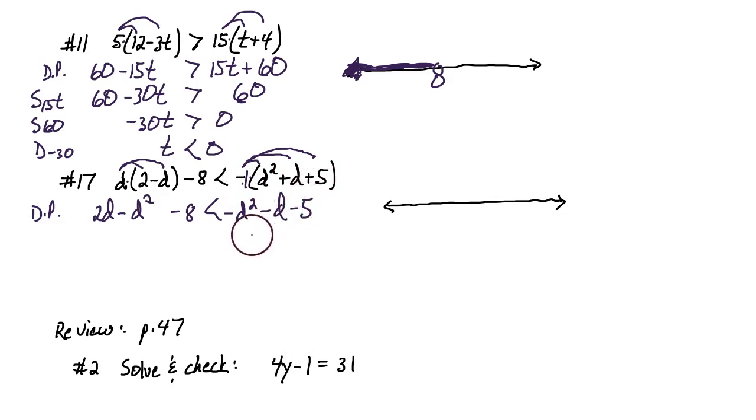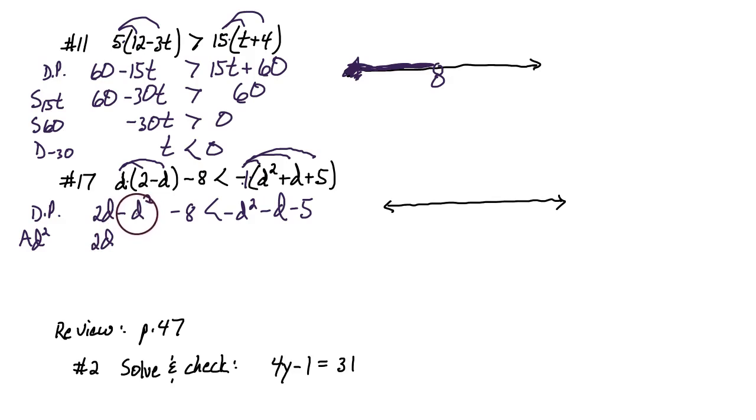Next step, let's start to remove the variable terms that are on the right side of the problem, beginning with this d to the second power term. The opposite thing of a negative d to the second power is to add d to the second power. On the left side, we'll still have our 2d.